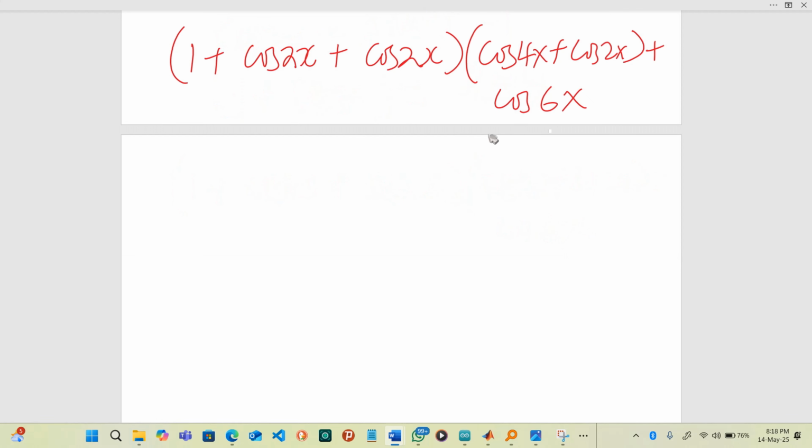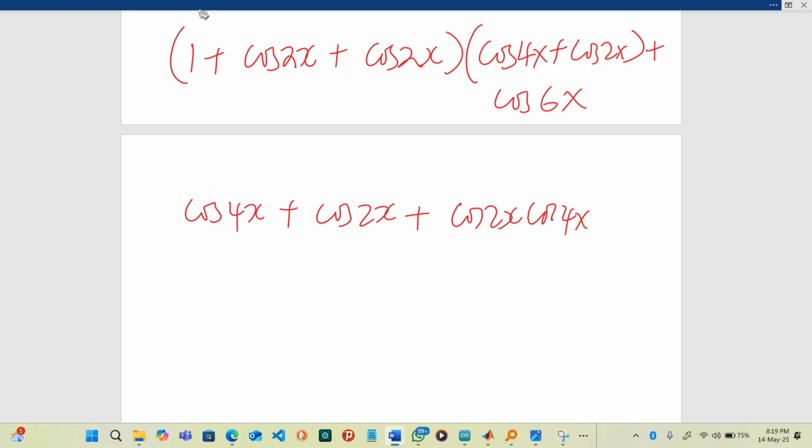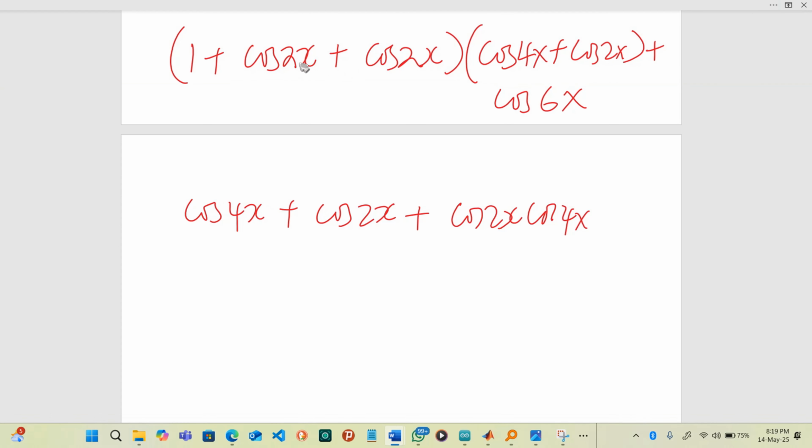So from here, what we are going to do is to just open brackets here. So I'll have cos 4x plus cos 2x. Okay, then now we add cos 2x times this. Oh, sorry, we can just add these two.